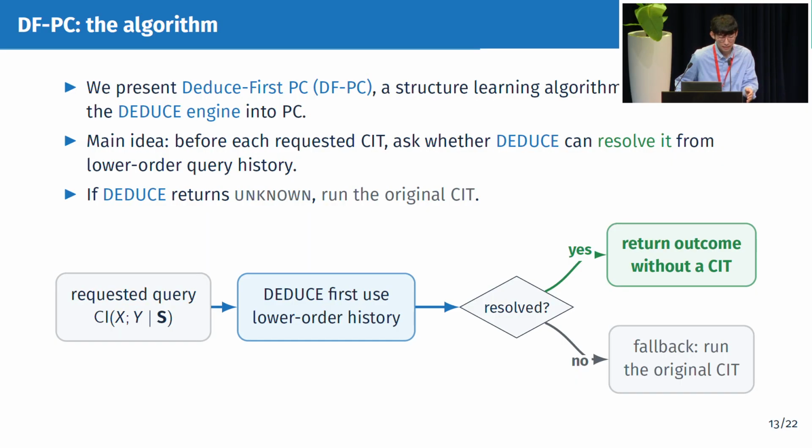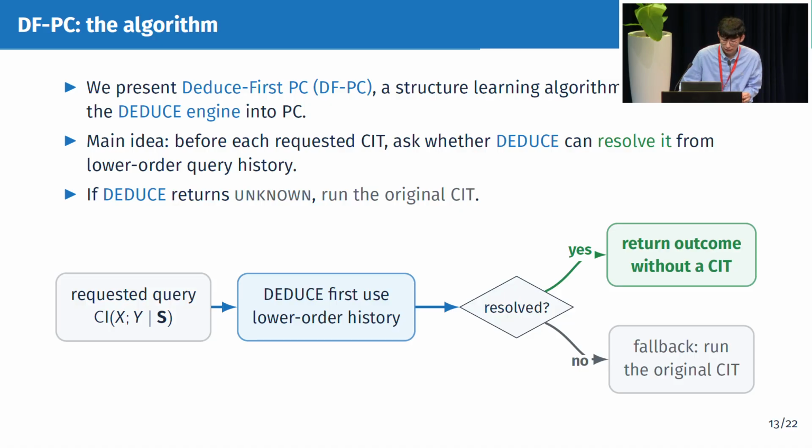We then present Deduce First PC, or DFPC, which integrates the Deduce module into the PC algorithm. The main idea is very simple. Whenever the PC algorithm requests a CIT, DFPC just passes that query to the Deduce module, a logical inference engine.